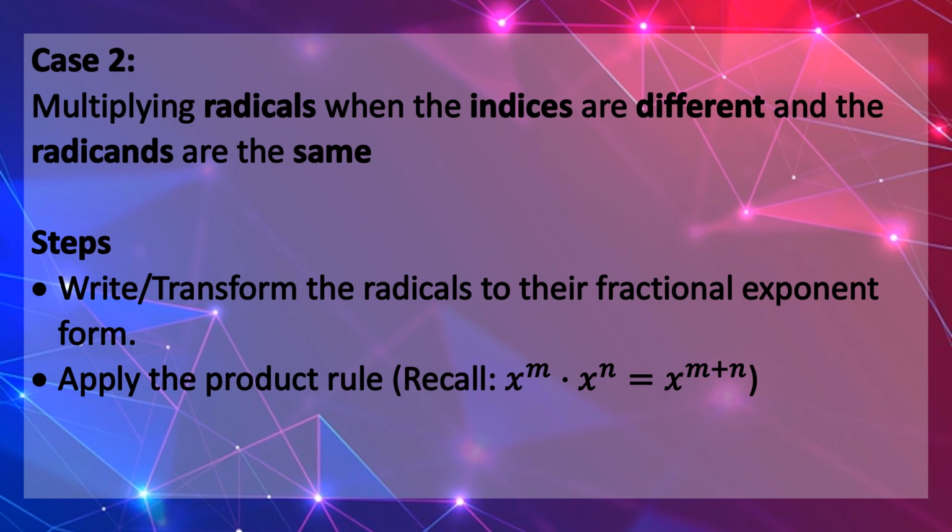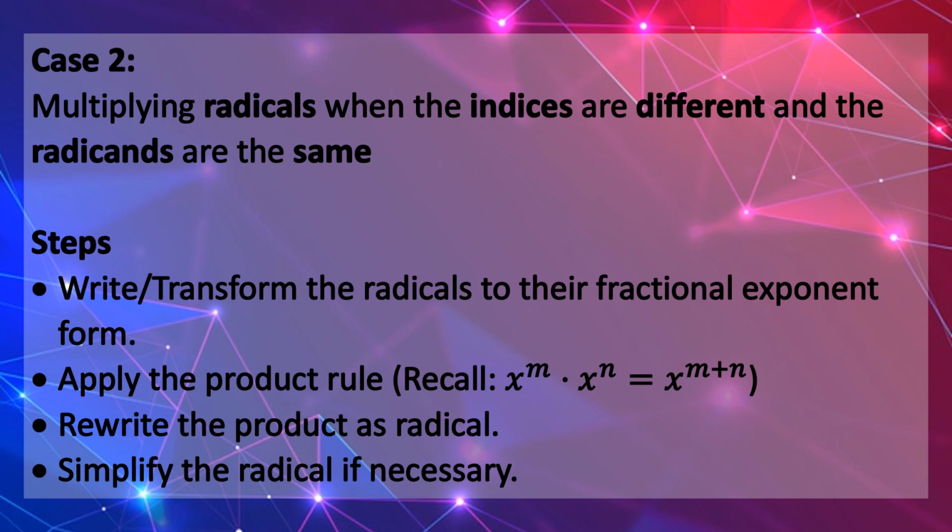This is one of the laws of exponents, wherein if you are multiplying same base, then all you need to do is to copy the base, then add the exponents. Next step, rewrite the product as radical. And for the last step, you simplify the radical if necessary.